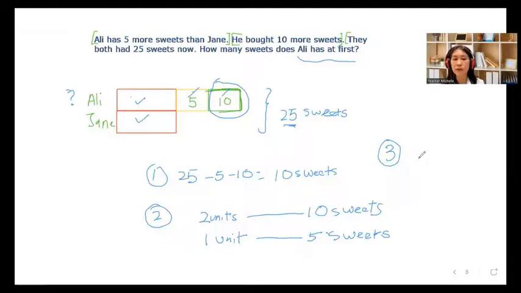From this diagram itself, you see that Ali has this red unit, which is my 5 sweets plus the additional 5 that he has more than James, the yellow unit. So total 10 sweets. Of course, this is a relatively simpler question. As we go along, you can see there are more complex word problems, and you will begin to appreciate the beauty of having the model to help you solve the problem.